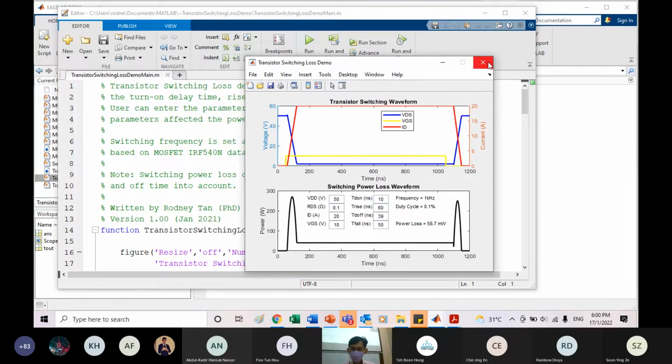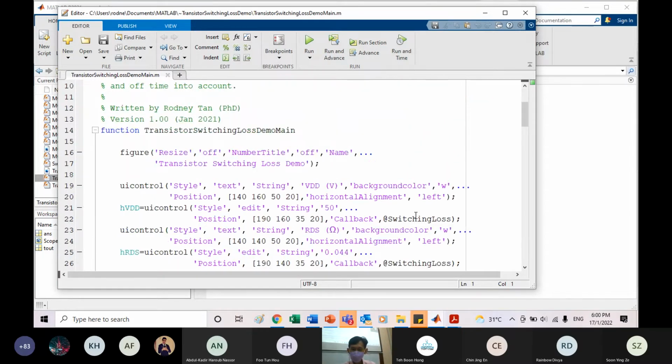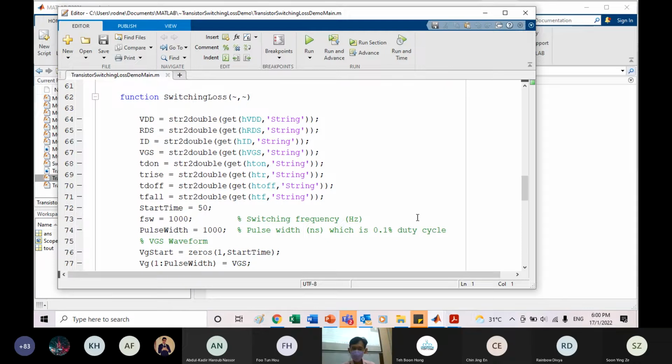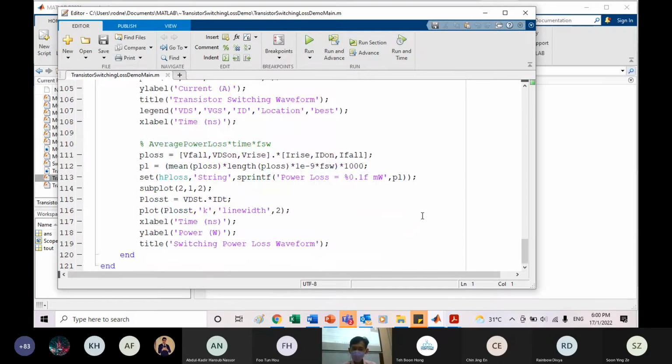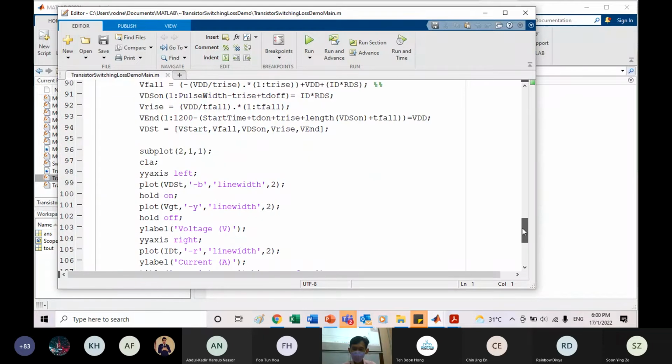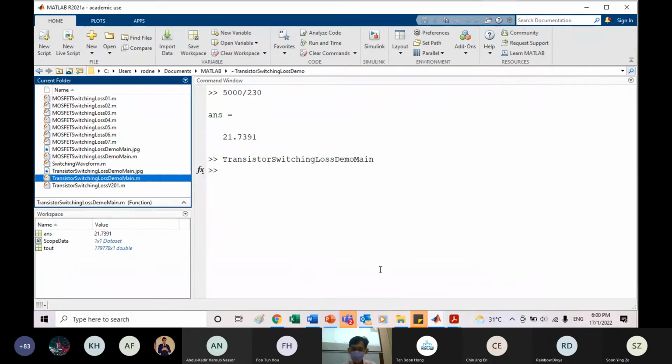So these are just software for you to play around with, to visualize the problem, which no textbook has really shown you. This one I'm based on this textbook.